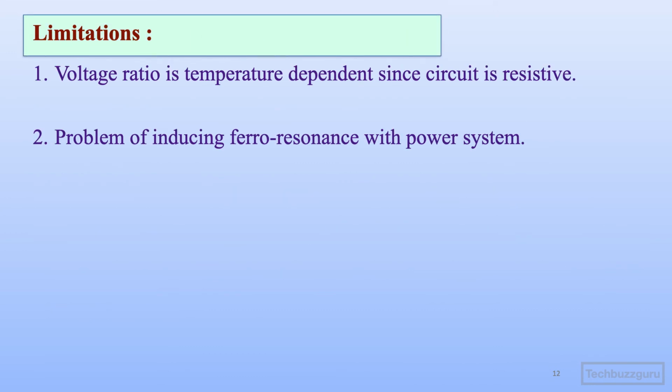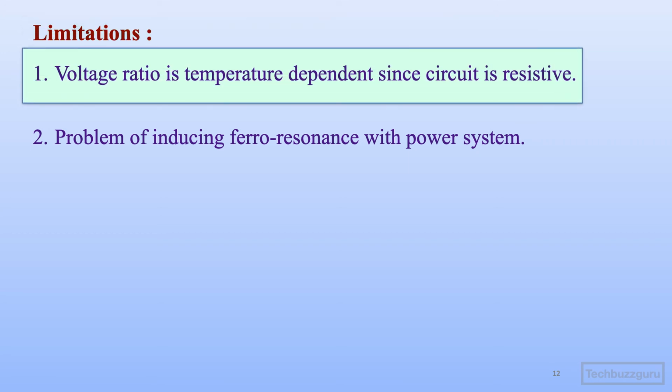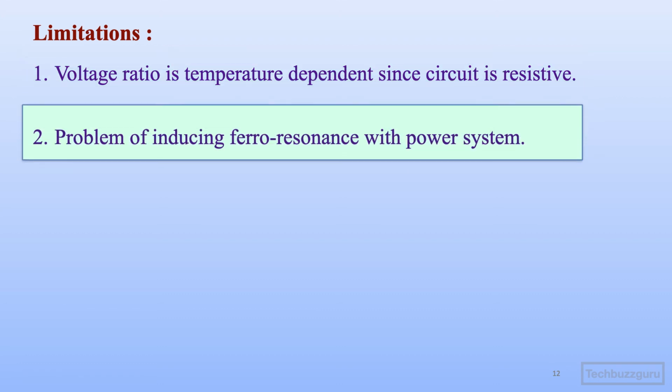Some of the limitations we must highlight here is that the voltage ratio will be temperature dependent, because the circuit will be working under resonance condition, so the circuit will be resistive if there is a change in temperature. So this resistance may be sensitive to it, and voltage ratio will be affected.